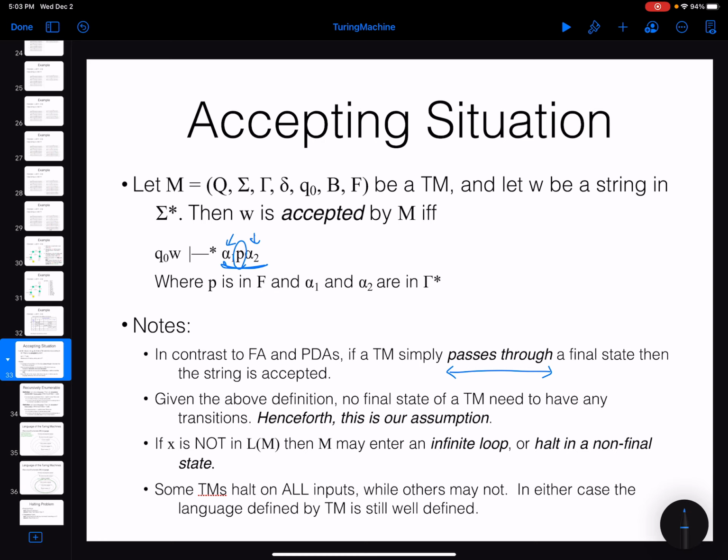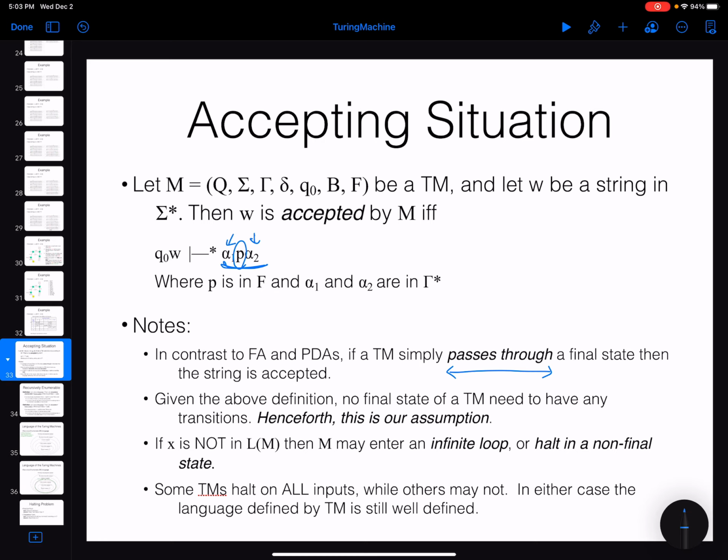Some other note about how the Turing machine is going to work is that it is possible for the Turing machine to be trapped in an infinite loop. It means that you just keep moving over the transitions, the states, and never enter an accepting state, and there is always a transition to move on.